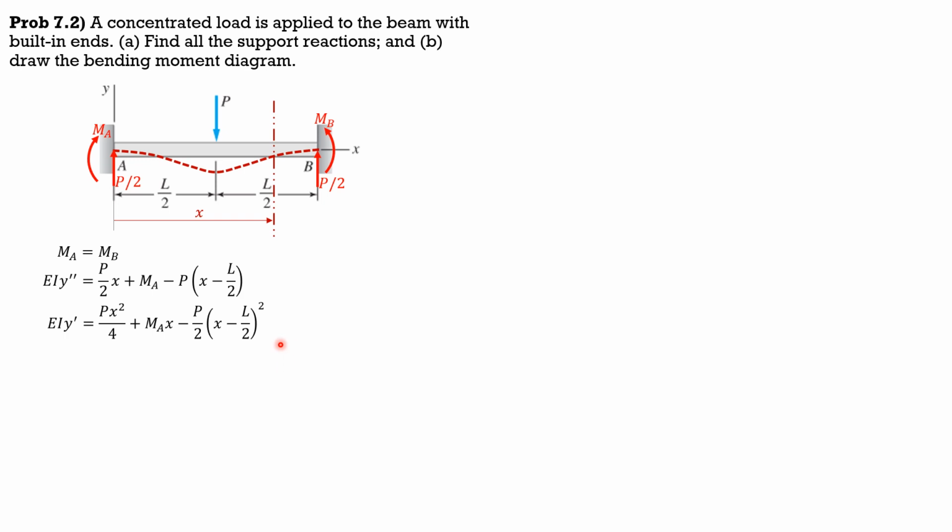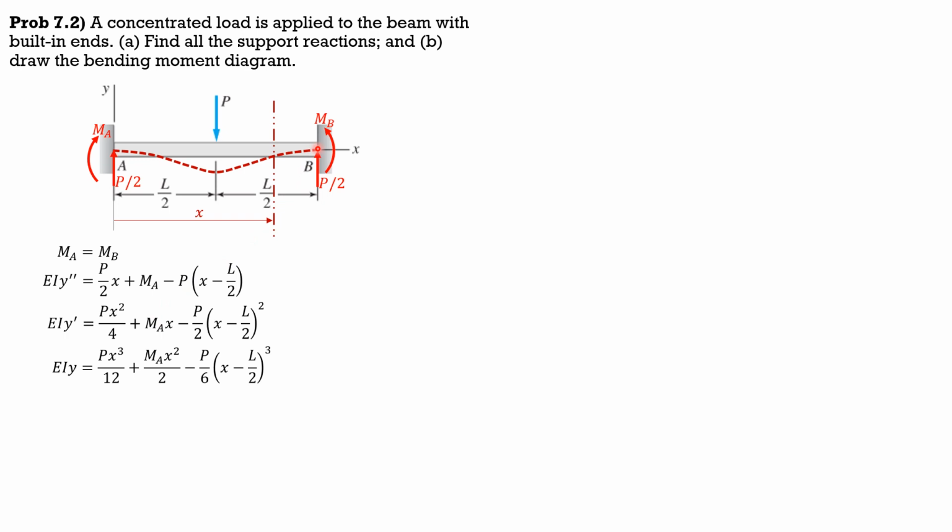As I said, there's no C sub 1 because the slope at A is 0. EI Y equals P X cubed over 12 plus MA X squared over 2 minus P over 6 quantity X minus L over 2 cubed. There's no C sub 2 because when X is 0, Y is 0.